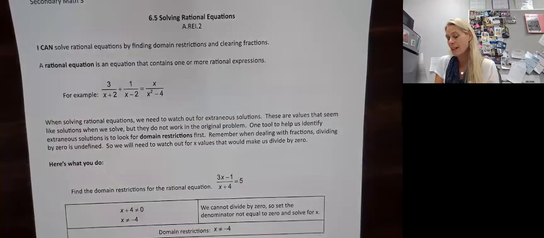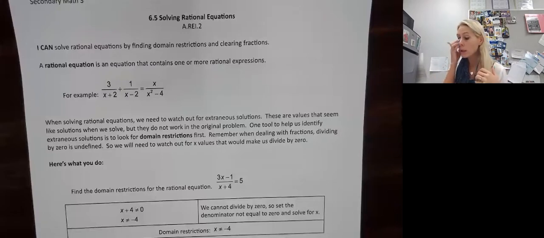We cannot divide by 0. So we actually have to find what's called domain restrictions before we even start solving. Because as we solve, if one of our solutions comes out to one of those extraneous solutions, we have to cross it off because it can't be there to begin with, okay?